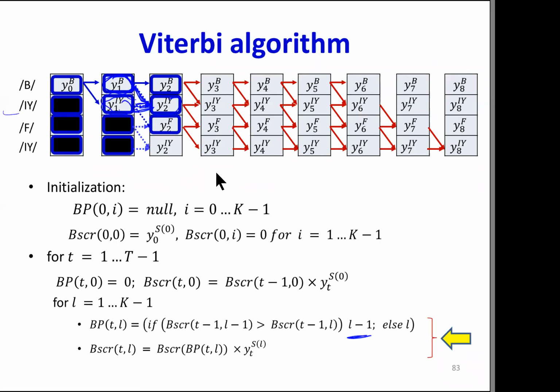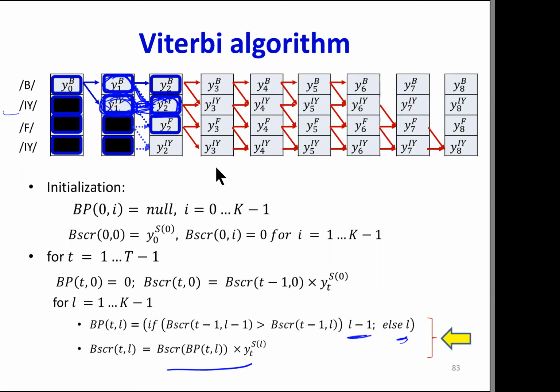Whereas if the best path score to the node in the same row is higher, then the best parent is going to be L. So you're going to find out which of these two is higher, and you're going to retain a pointer to the parent with the higher best path score. And then the best path score to the node is going to be the best path score to the best parent times the node score as given over here.